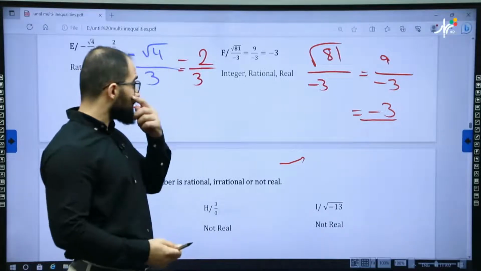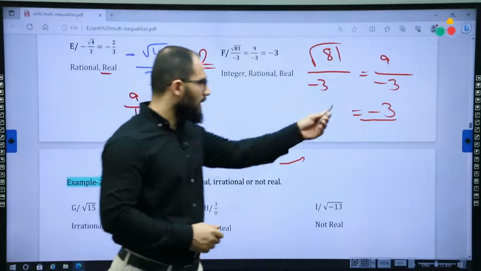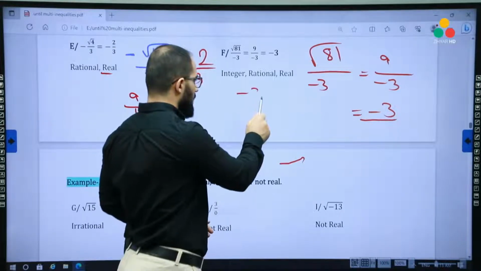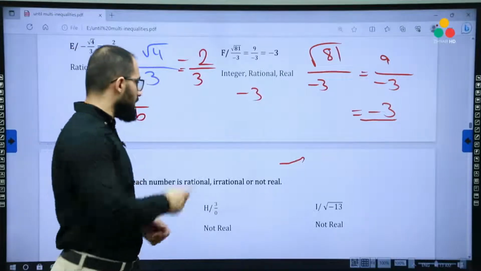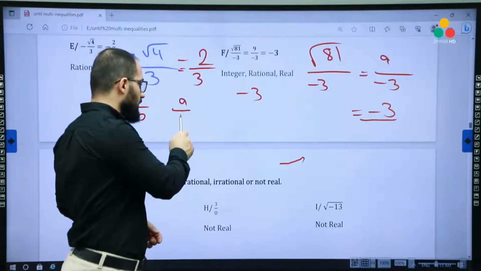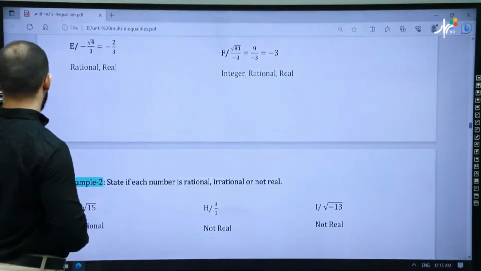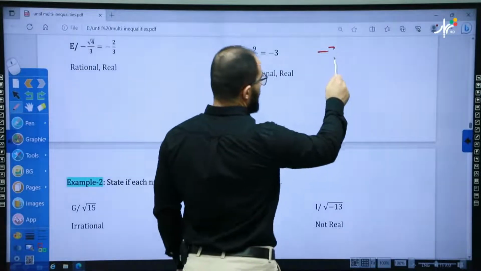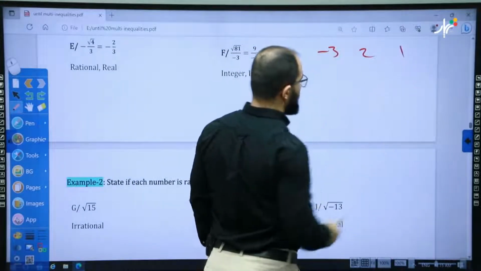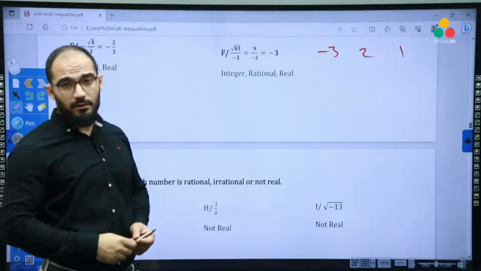But students, you have to be careful. Maybe you are going to say negative 3, why is it rational? It's not in the form of a over b. Maybe I ask that question. For example, let's say we have negative 3 or 2 or 1, single numbers. Why are they rational?